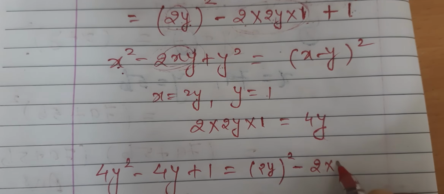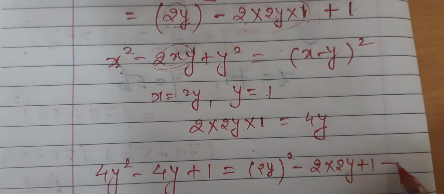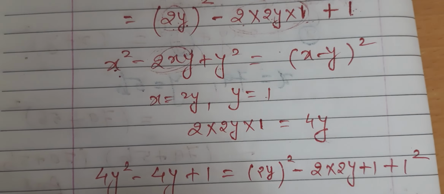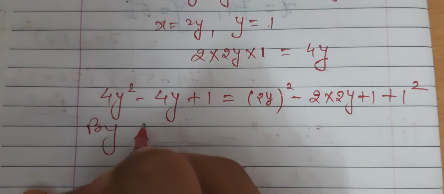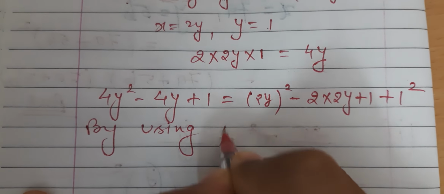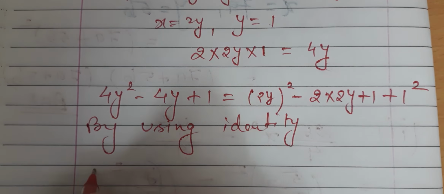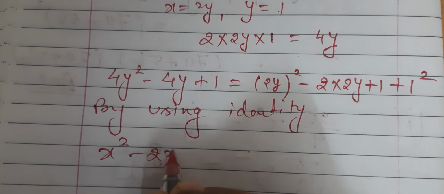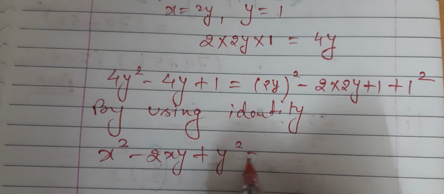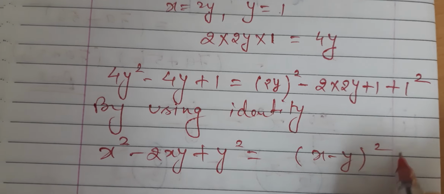minus 2 multiplied by 2y plus 1 square. So by using the identity, which identity? Of course, second identity, x square minus 2xy plus y square is equals to x minus y the whole square.